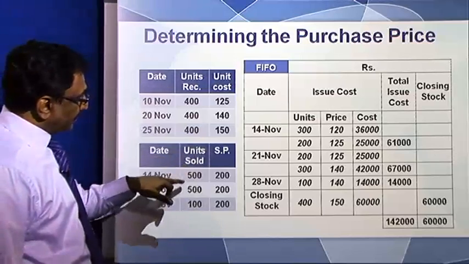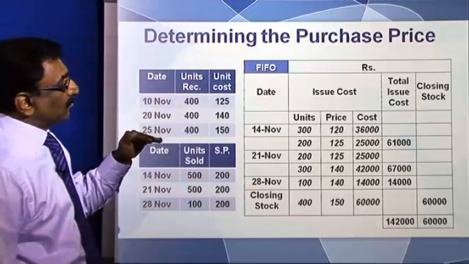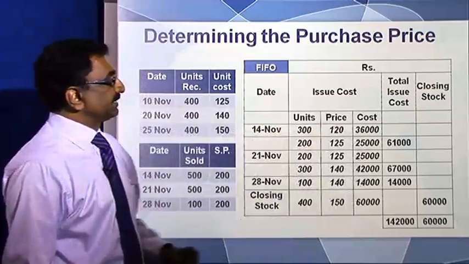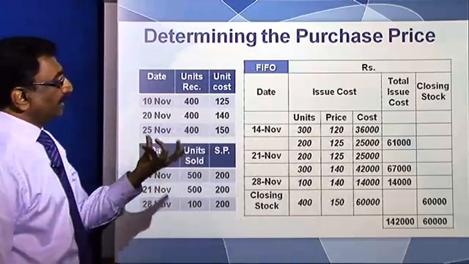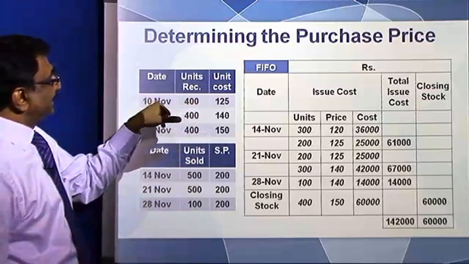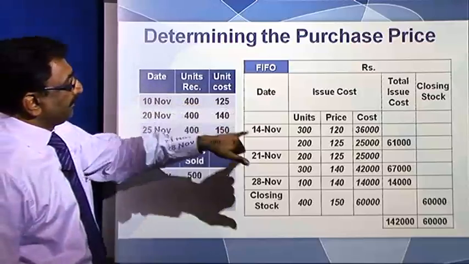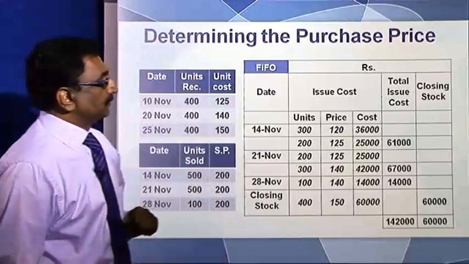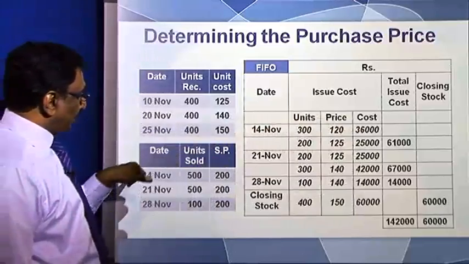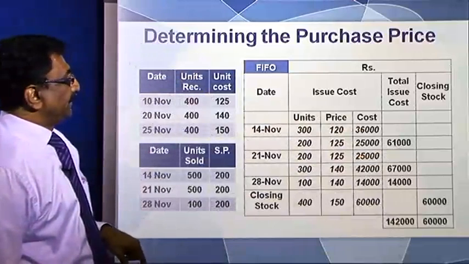The first 300 will come from the existing stock, the opening stock that was there, valued at 120 rupees, which gives you 36,000 rupees. The next 200 which was sold would have come from what came in on 10th November, which is the next in line. So 200 at 125 gives you 25,000 rupees. So the issue cost of the sale that happened on 14th November is 61,000 rupees.